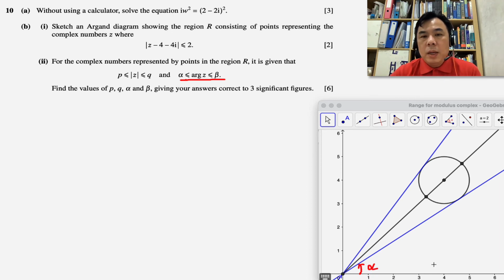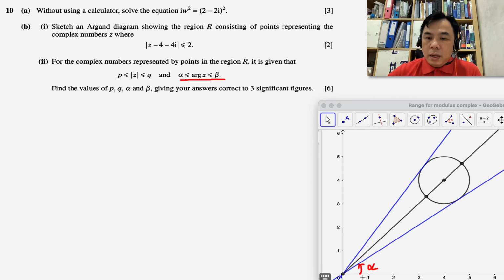That will be the argument of the complex number z, considered as the minimum angle where this line touches the circle here. The angle measured counterclockwise from the x-axis is known as the argument.